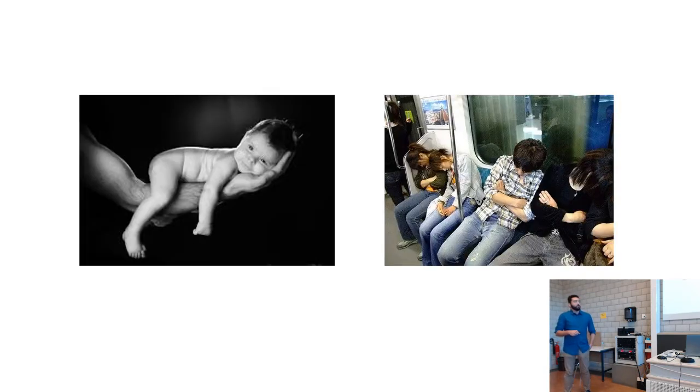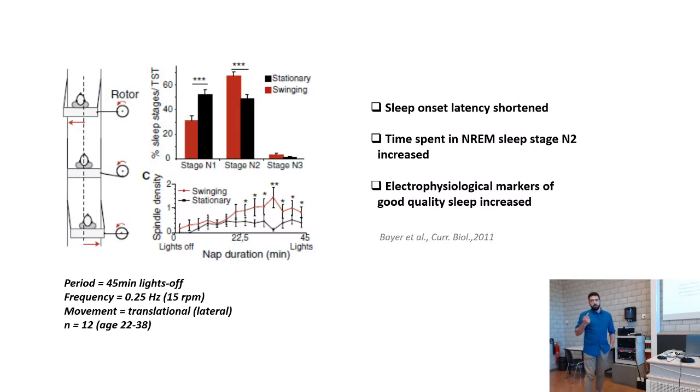As I said before, we've all sensed some type of this motion, either as babies or in the train or in the car, or in any moving vehicle that can cause a rhythmic type of motion.